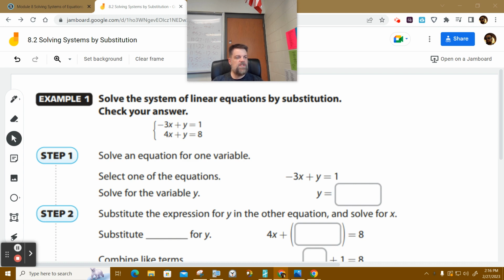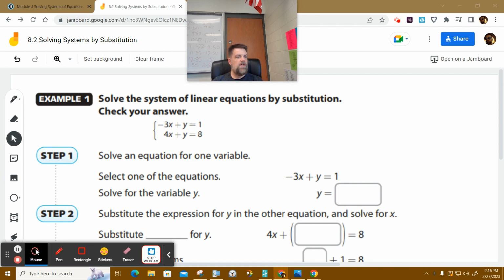So on this first example, it says solve the system of linear equations by substitution. So prior, in our last example, we graphed the two equations, and then wherever the two equations intersected, that was the solution.